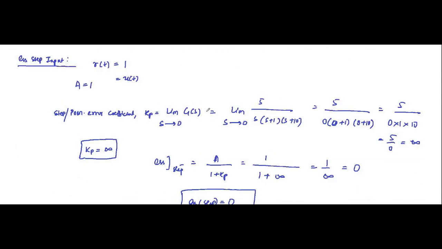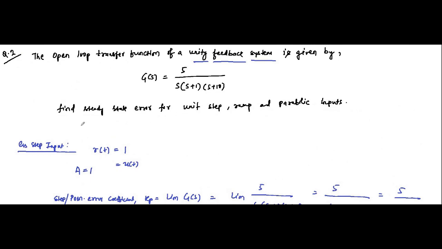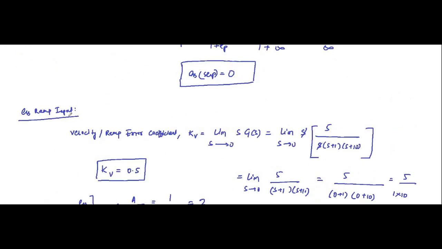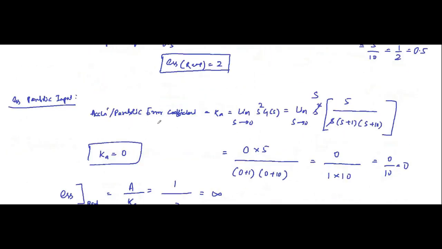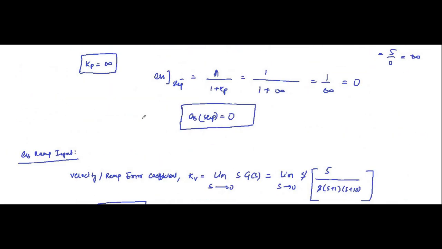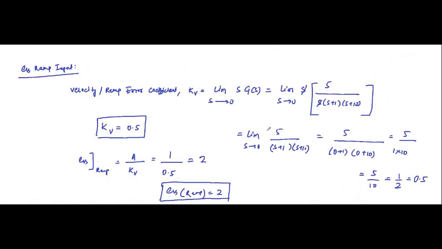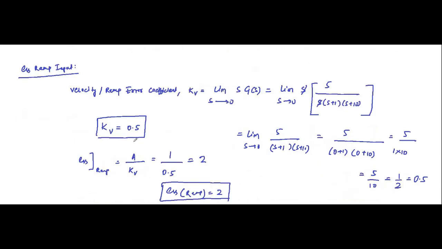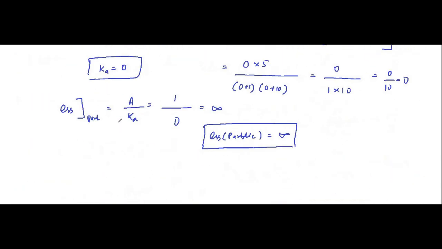Then for each input type you have to find out the error coefficient: position for step input, then velocity coefficient for ramp, then acceleration error coefficient for parabolic. Then you simply remember the formula. For step it is A by (1 plus Kp), for ramp it is A by Kv, for parabolic it is A by Ka. Simply put the value, get the result.